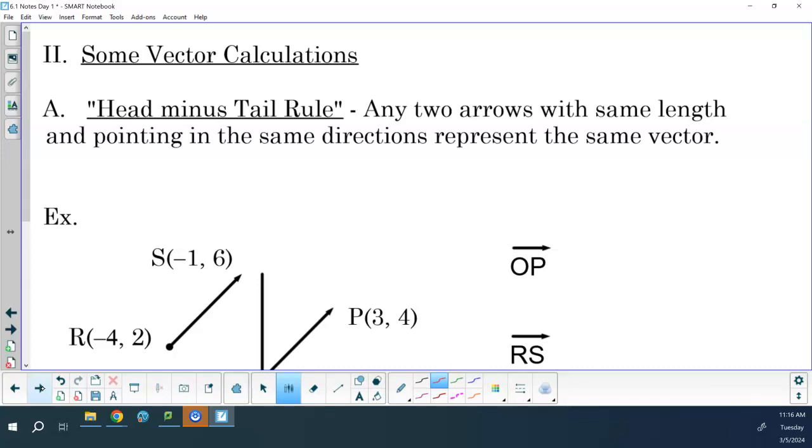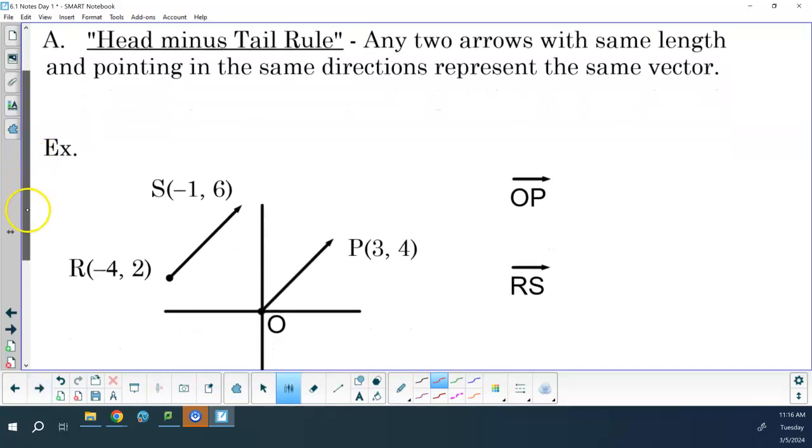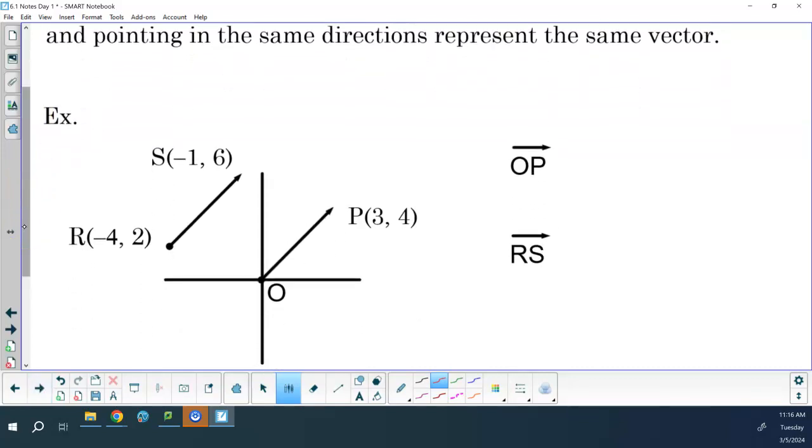If we just do the head minus the tail rule, meaning, so vector OP, this one is, by the way, at the origin. Point O is at the origin.